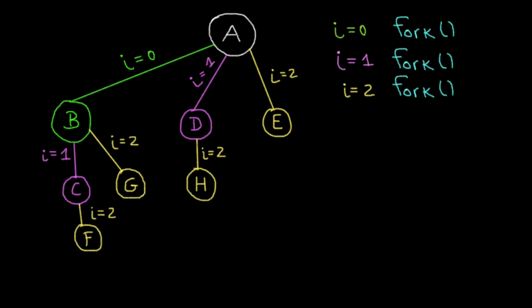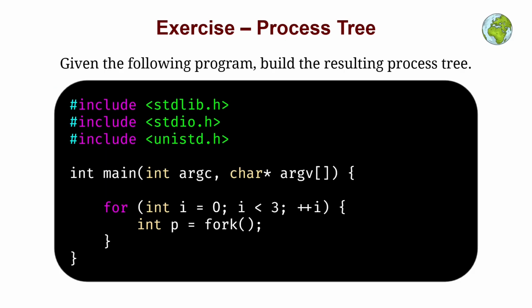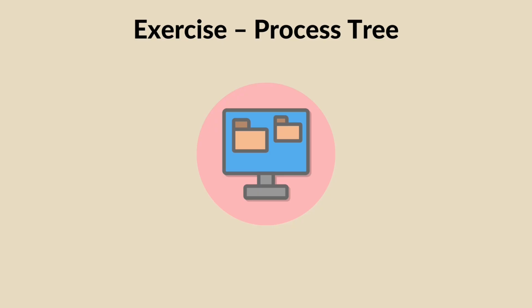Very importantly, although we used simple identifiers like A, B, C, or D when building the process tree, internally the operating system identifies each process by its process ID, its PID, which are integer numbers. Very well, and with that we finish the solution to this exercise.